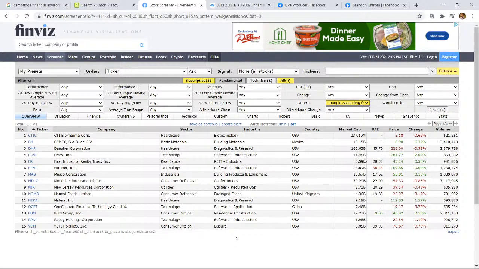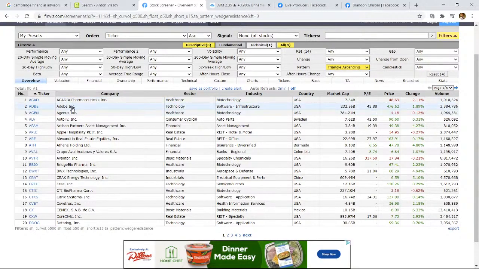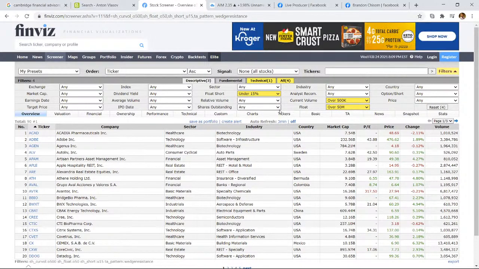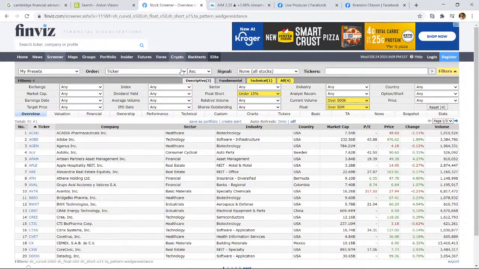So you can do, let's see here. Let's just do this one. So you can come here. What I've got set up so far is the pattern. So when I go to the description, it's best to look for stocks that meet this criteria.